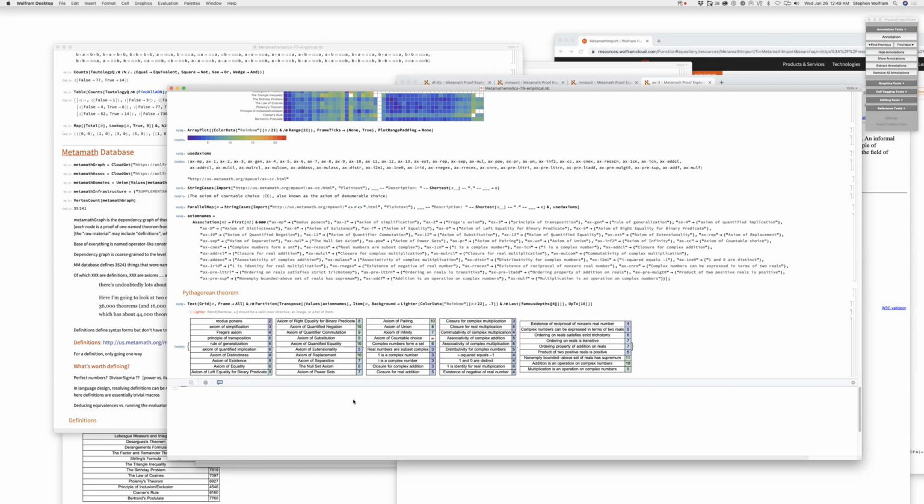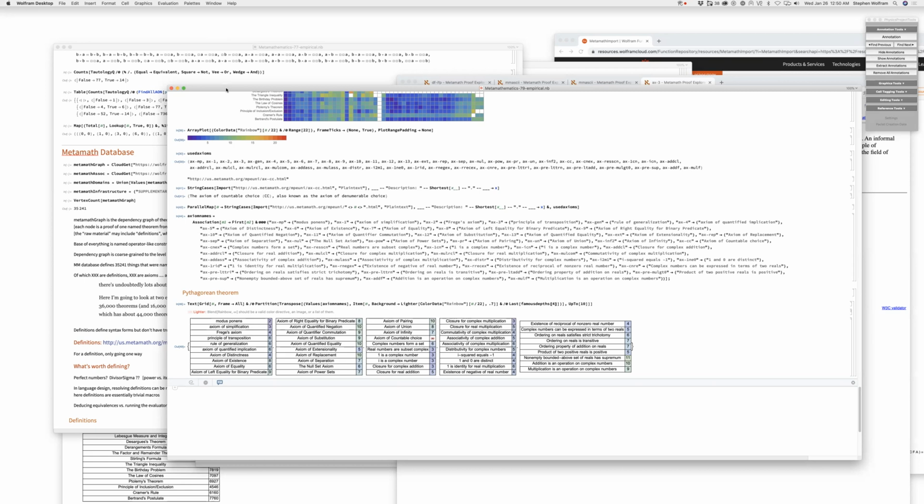So for the Pythagorean theorem, we could compare this to Euclid actually as well, to see how this compares to Euclid in terms of the depth here.